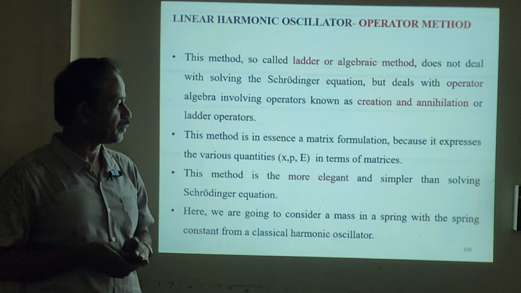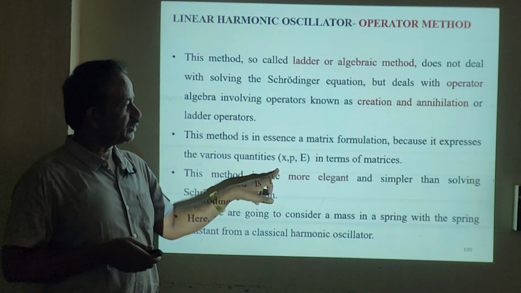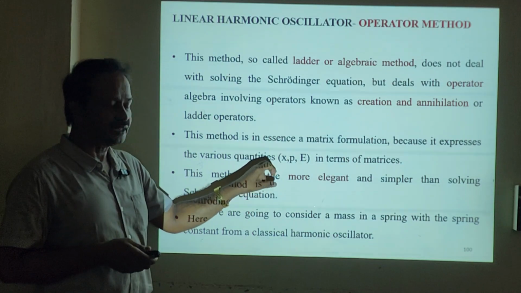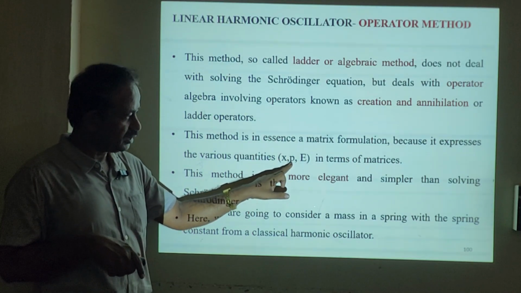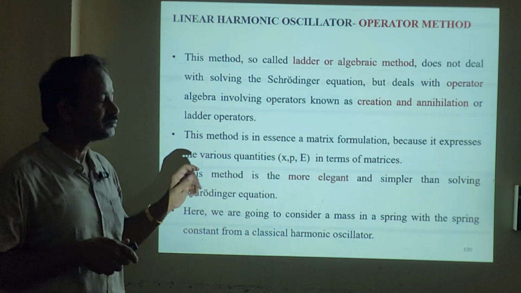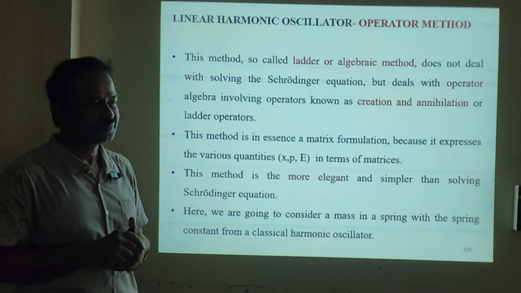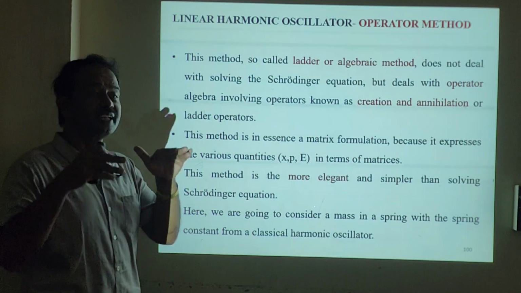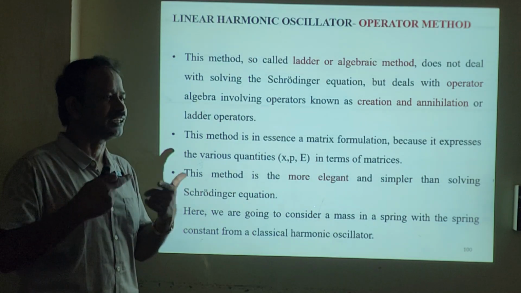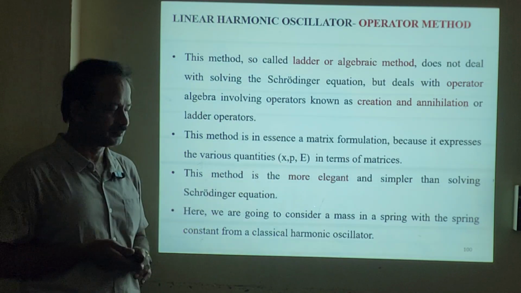This is even spacing. So we can get the creation operator, annihilation operator, and x, the position, momentum, and E in terms of matrices. These are the quantities that we are going to calculate. Of course n also: n is the number of steps in the ladder, so here the number of states. So n also we can get.